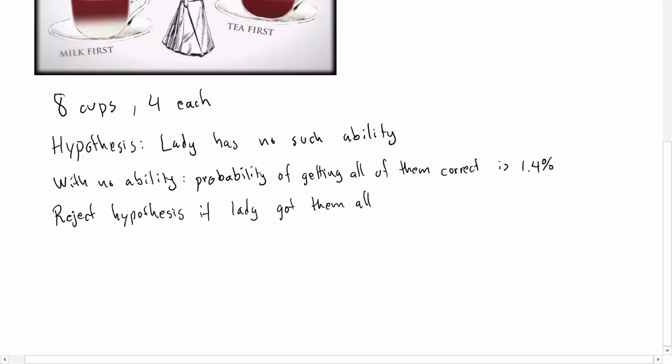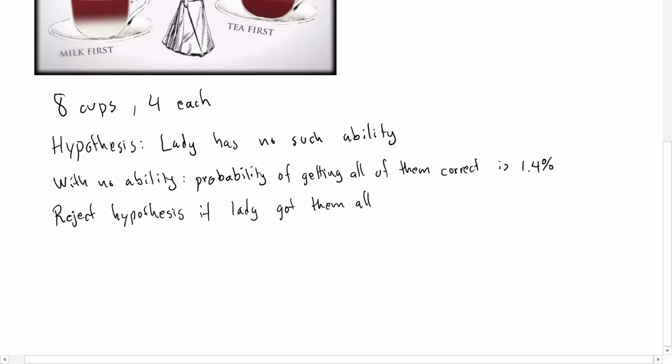The idea here is that if she gets all of them correct, if she correctly identifies the four where the milk has been poured first, it's definitely not a proof that the hypothesis is false. She could just be lucky, but since this probability is fairly small, we're willing to risk that and say that the hypothesis is false if she gets them all right.